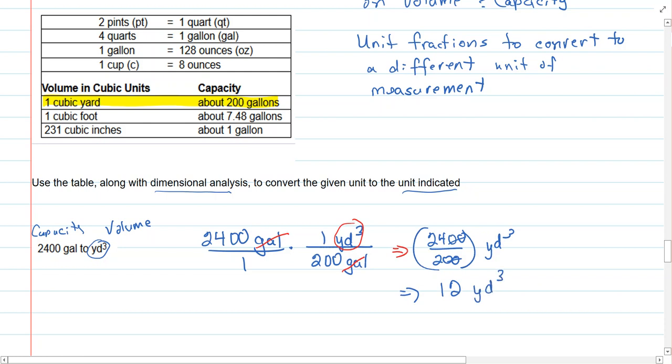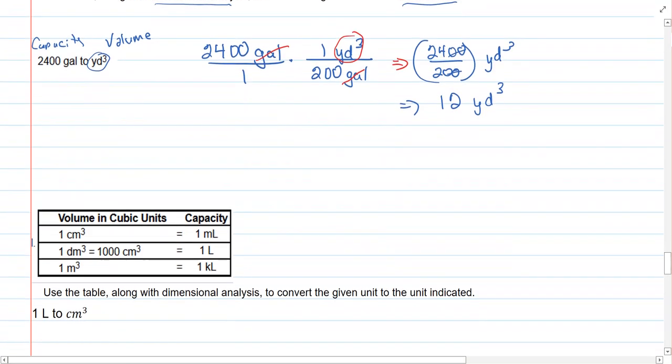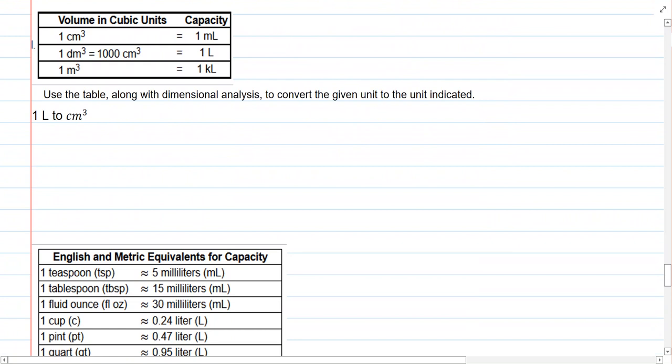So we need 12 yards cubed to take care of the requirement of containing 2,400 gallons. That's a lot of something, right? So we're looking here at volume and capacity specifically with metrics.